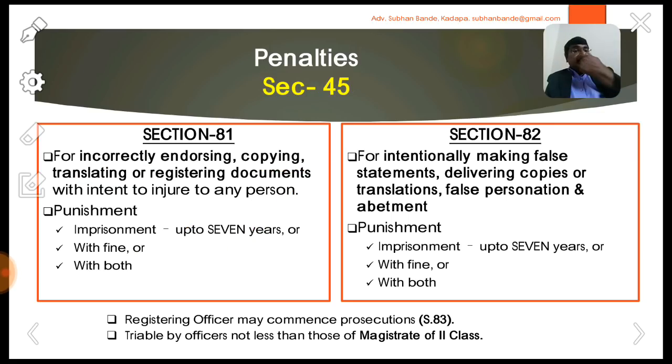This is the punishment in case of incorrect endorsement, copy, translation, or registration of the documents. It is specified under section 81.